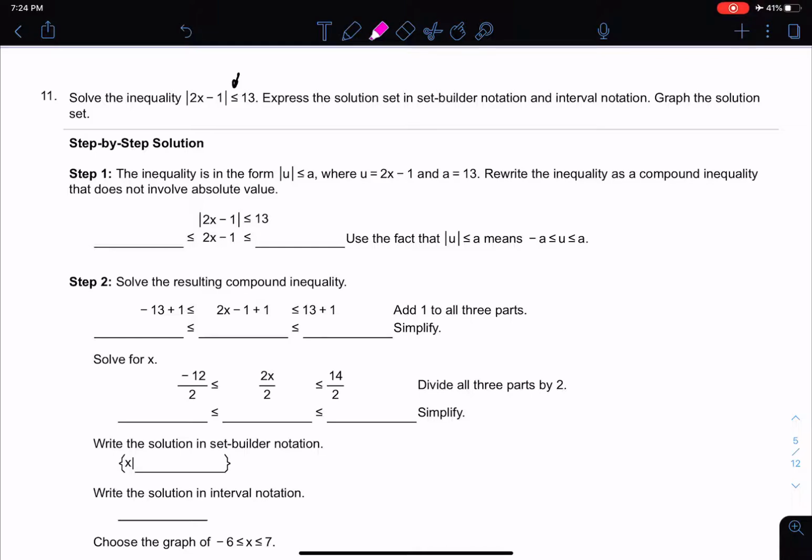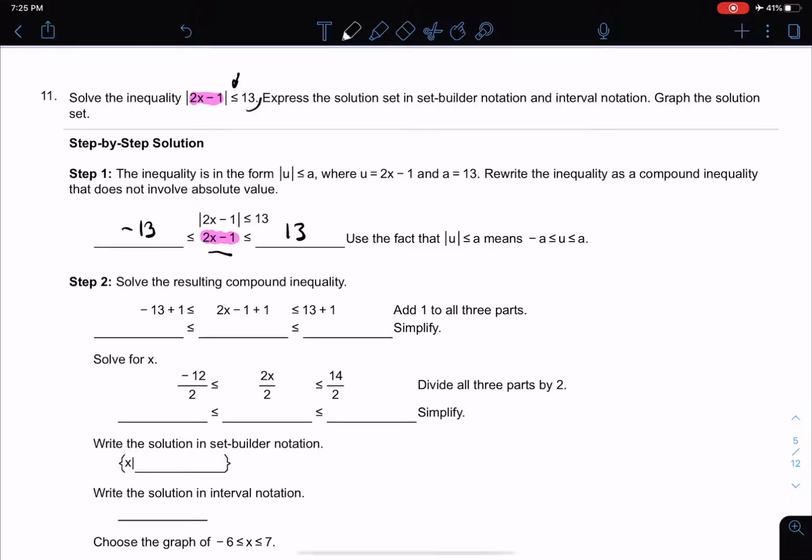Remember, when I see the values inside the absolute value, that particular expression follows me right there when I'm translating it into this compound inequality. Remember, it is less than, so it's going to be an and problem. And it's going to be 2x minus 1 is greater than -13, and 2x minus 1 is less than or equal to +13.